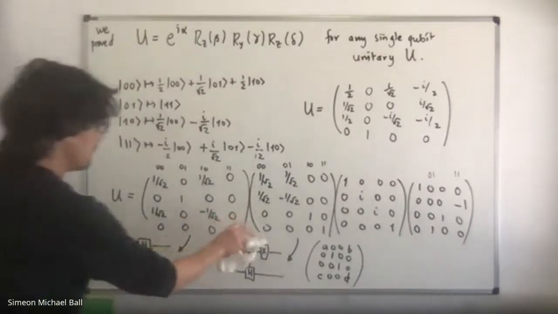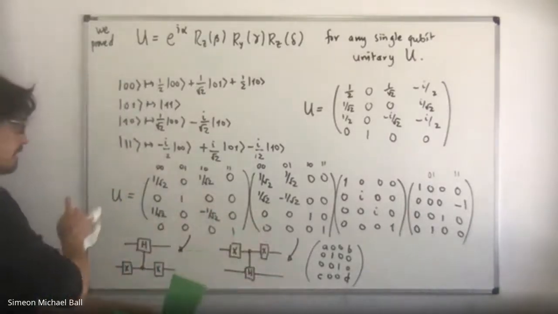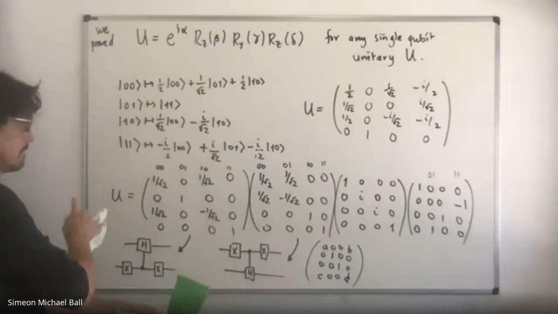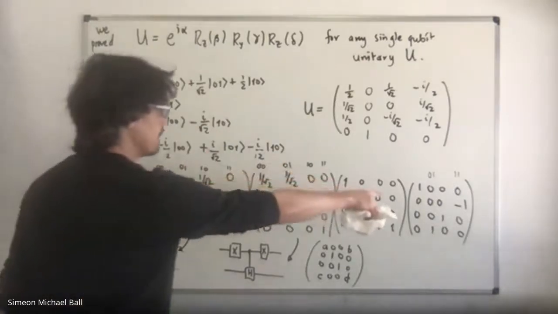So if we wanted to do this entire thing, we would then have this in the first, sorry, the other way around. That's got to come in the qubit first.